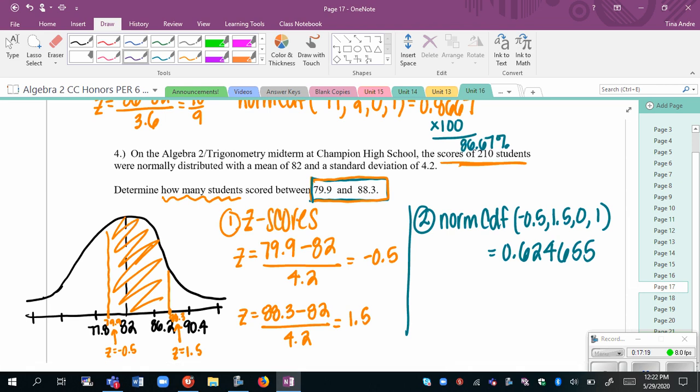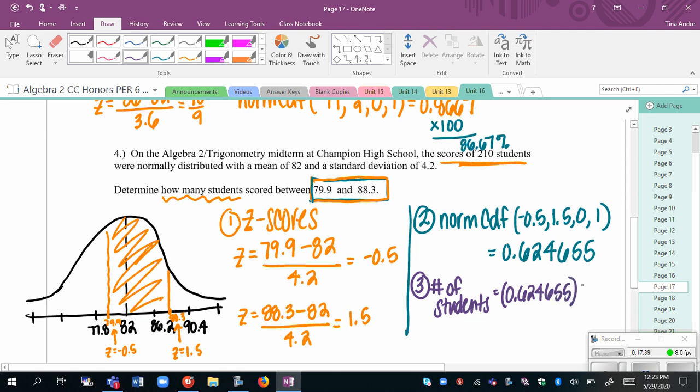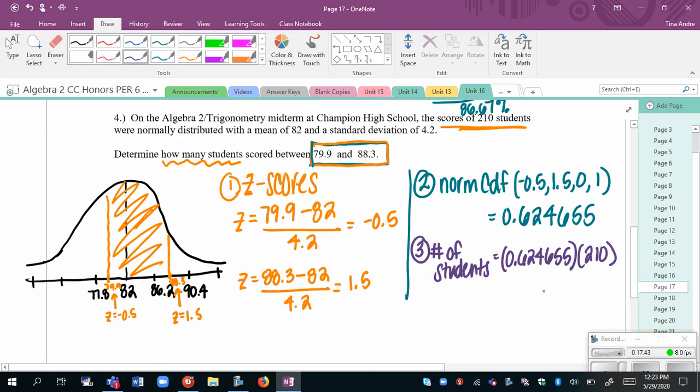I want to know how many students, so the number of students will be basically 62% of the 210. So I'm going to take the 0.624655 of the 210, so multiply those, and we get 131.178 students.